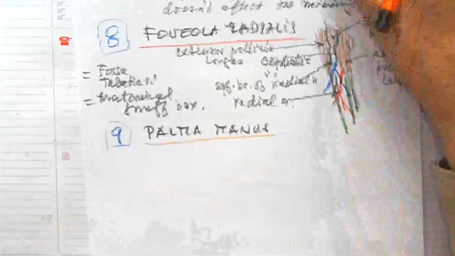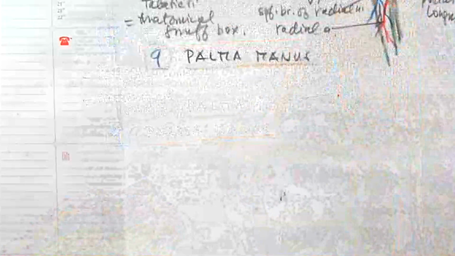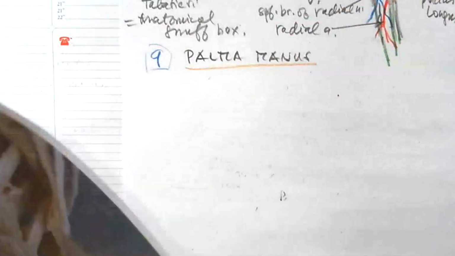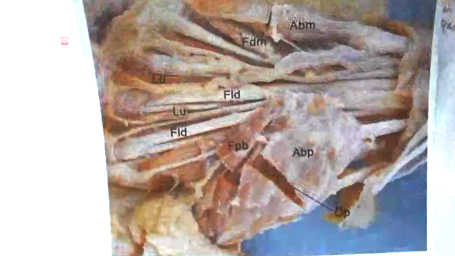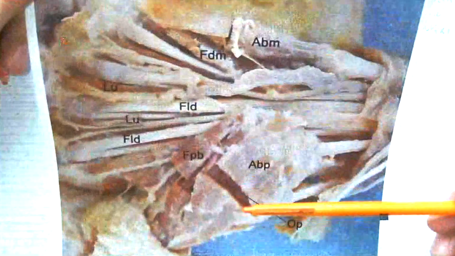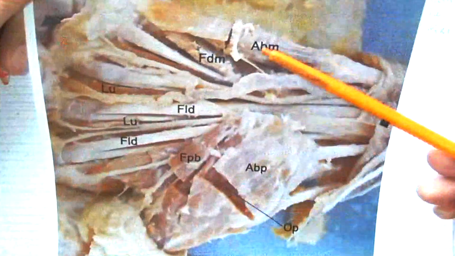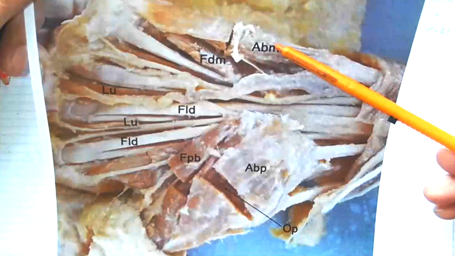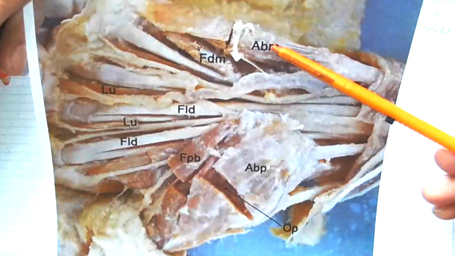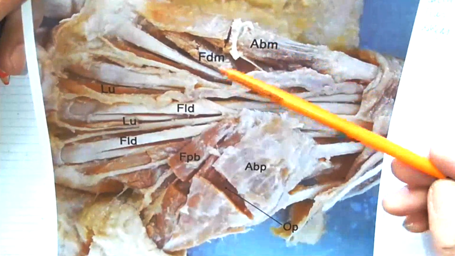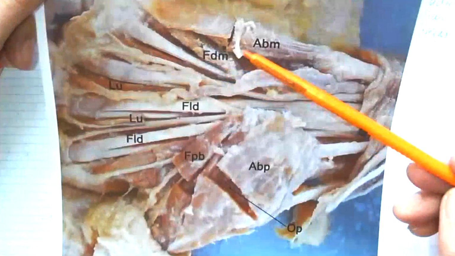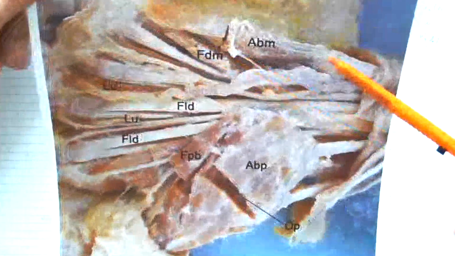In this photo of the dissected area, we look at the abductor digiti minimi, most medial, ulnar, then flexor digiti minimi brevis, and between them is the opponens.